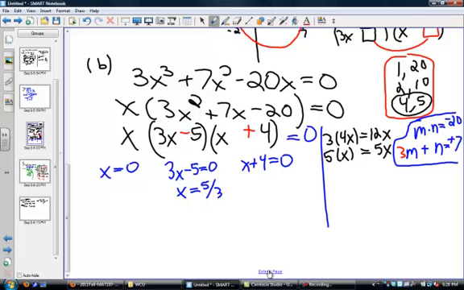Add the 5, divide by the 3. -4. Take away the 4. And 0. Three different answers.